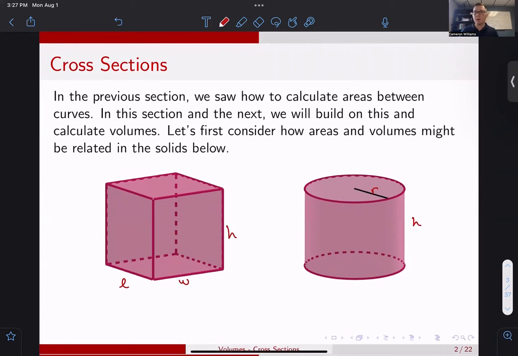Well, we know how to calculate the volume of these. The volume of the prism is length times width times height. The cylinder's volume is pi r squared times height.